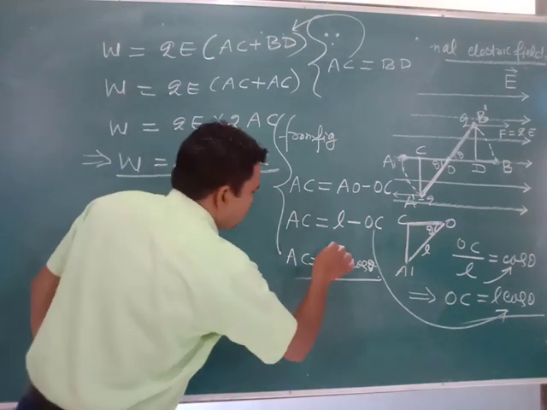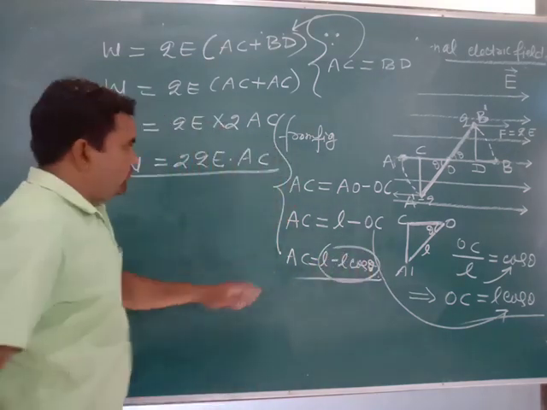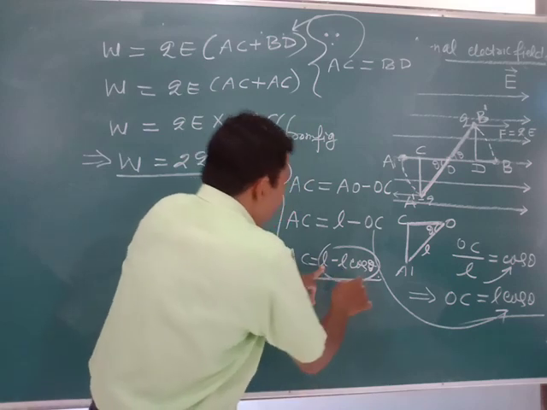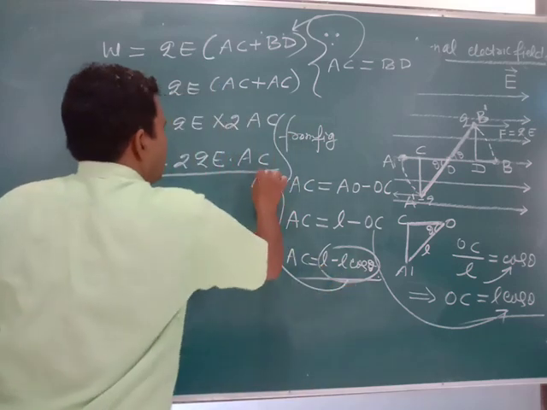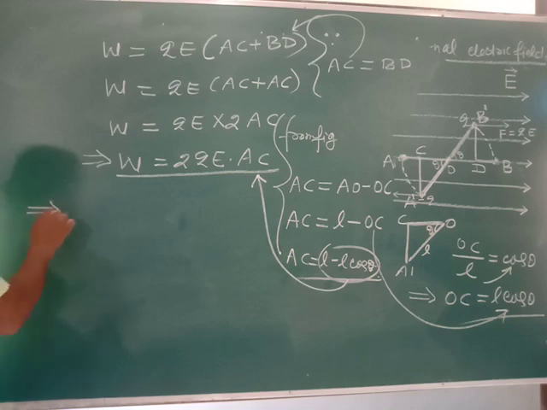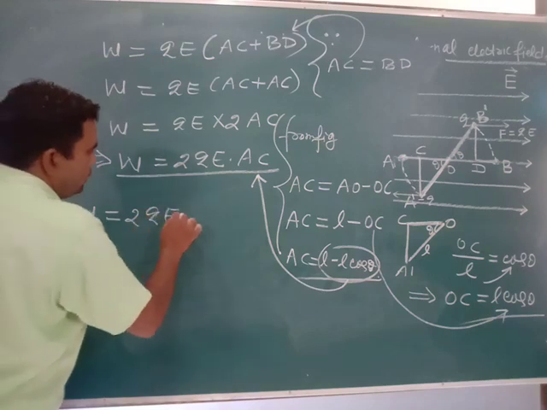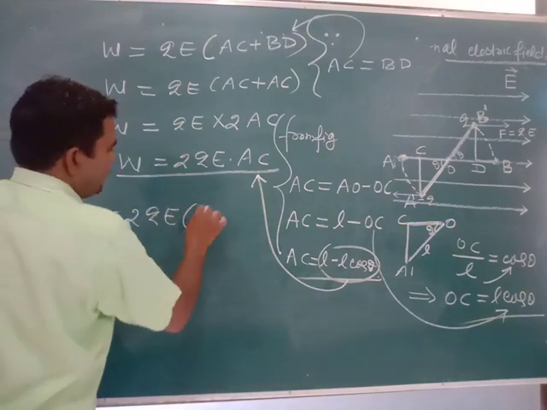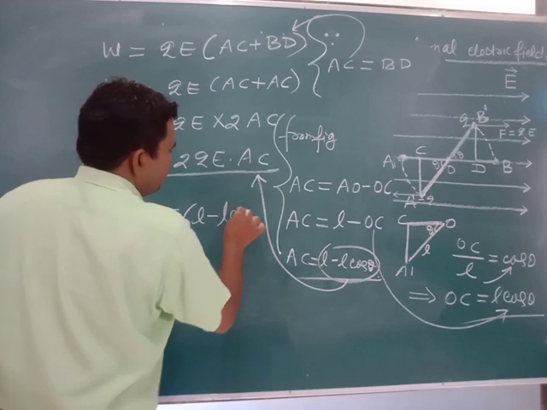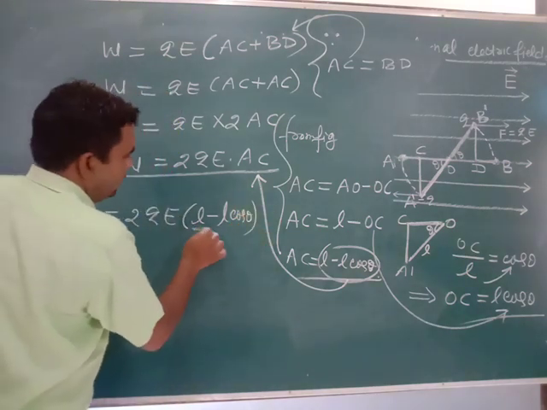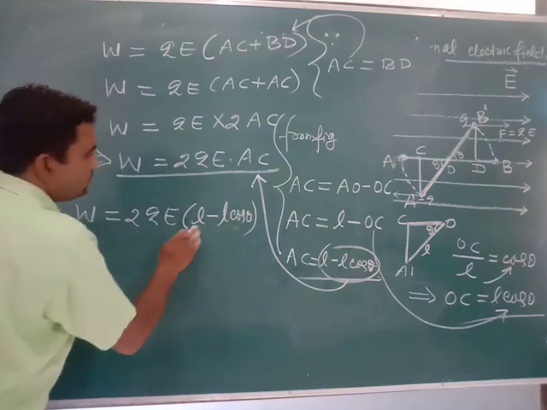Then let us substitute the value of AC, that is L minus L cos theta. The total work done is obtained as W is equal to 2QE in bracket L minus L cos theta. The value of L is taken common.